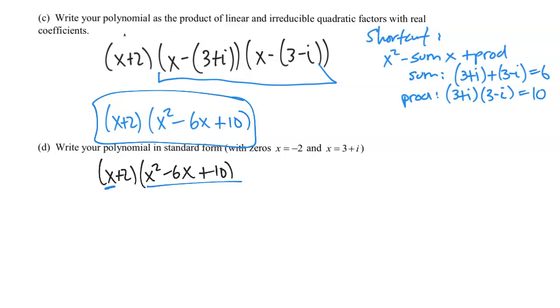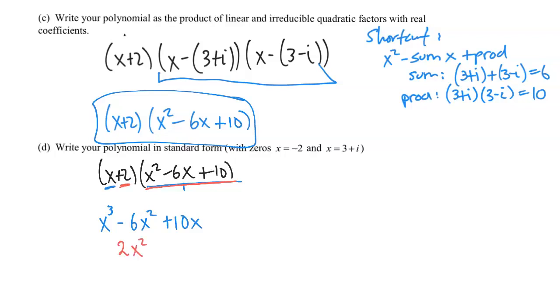And so that's going to end up giving me x times x, which is x cubed, x times -6x right here, and that's going to be minus 6x squared, and then x times 10, which is going to be 10x. And then I'm going to take the second term in that binomial and multiply it by all of this trinomial. And so 2 times x squared is going to be 2x squared.